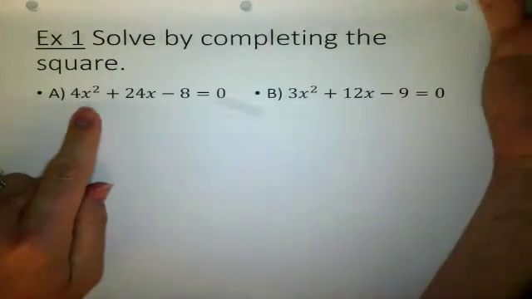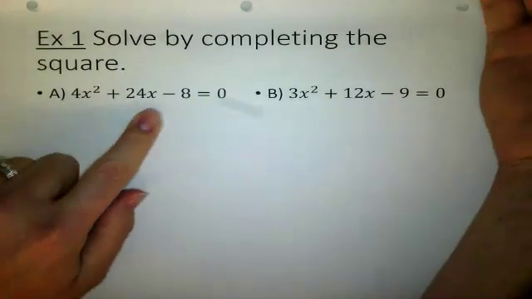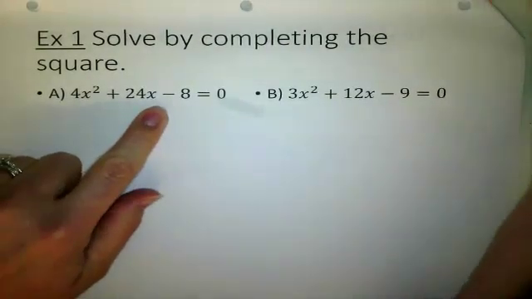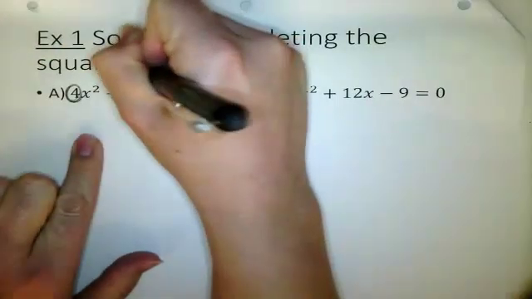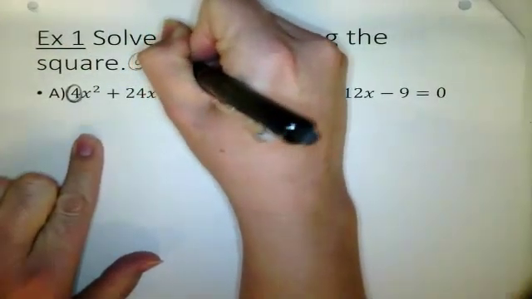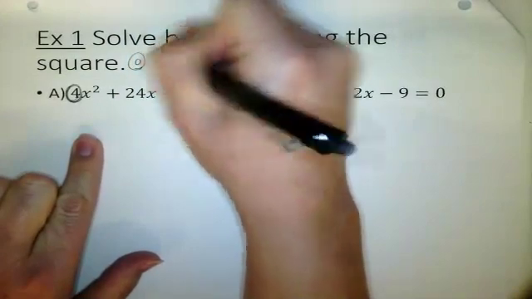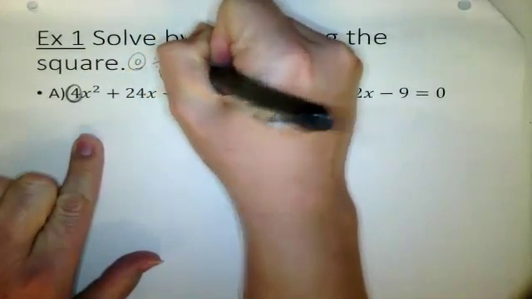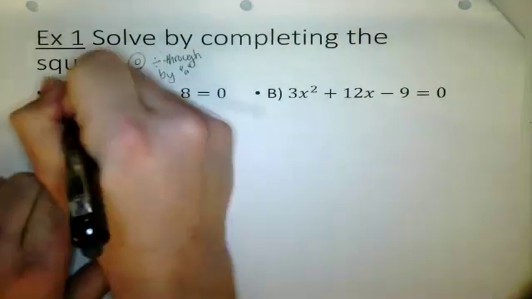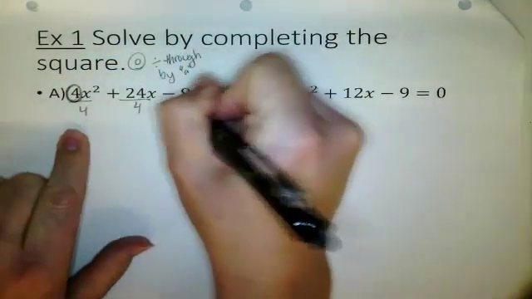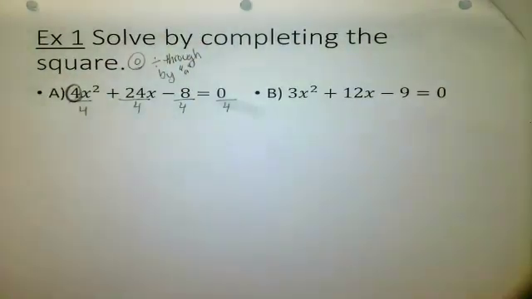So we have 4x squared plus 24x minus 8 equals 0. You'll notice we've got a number in front of the x squared. That is our step number 0: divide through by a. Whatever is in front of that x squared cannot be there, so we're going to divide every single term by that number.